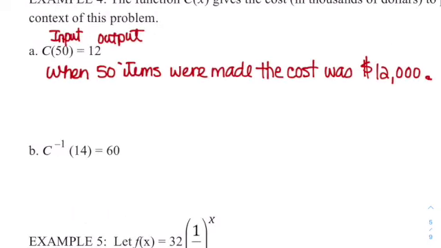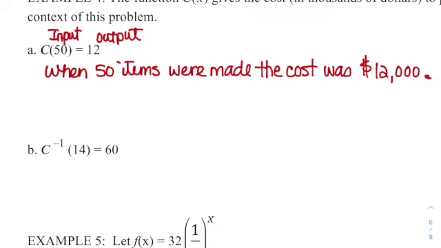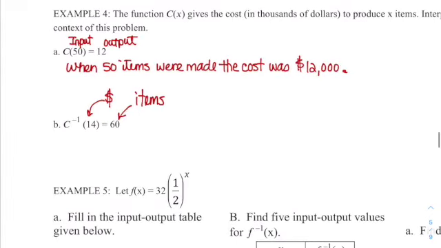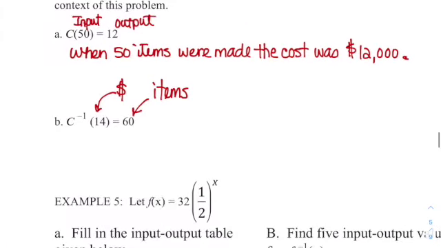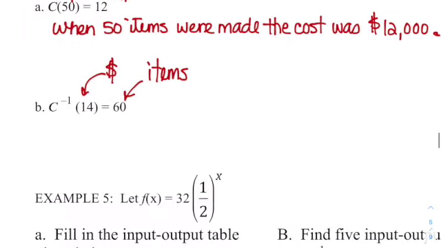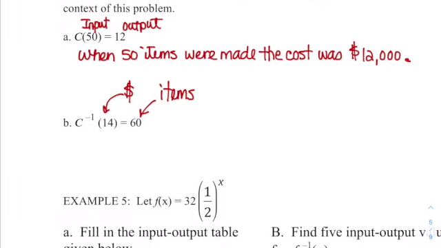Now, since it's the inverse, that means we are putting the output in. This used to be the output, so the dollar amount is going in there, and this is going to be the items. So what does it really mean? It means when 60 items were made, the cost was $14,000.